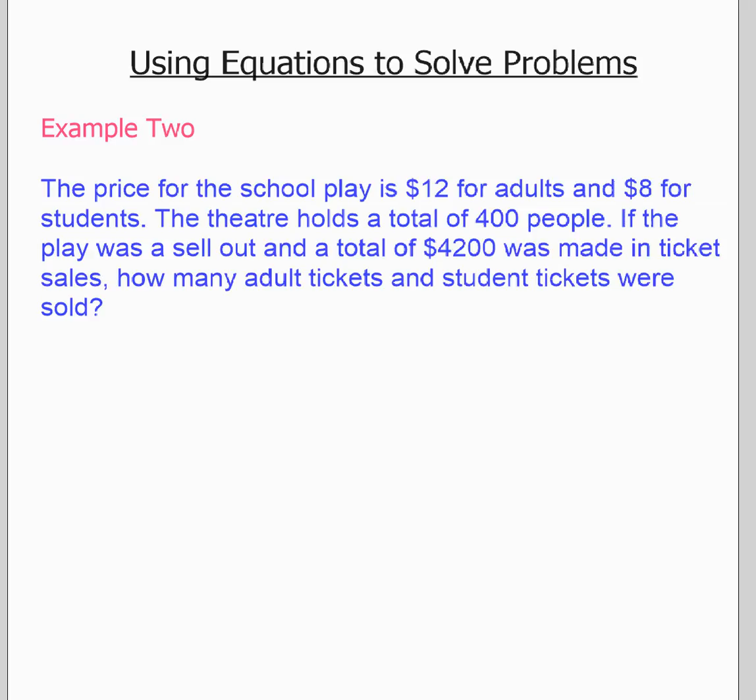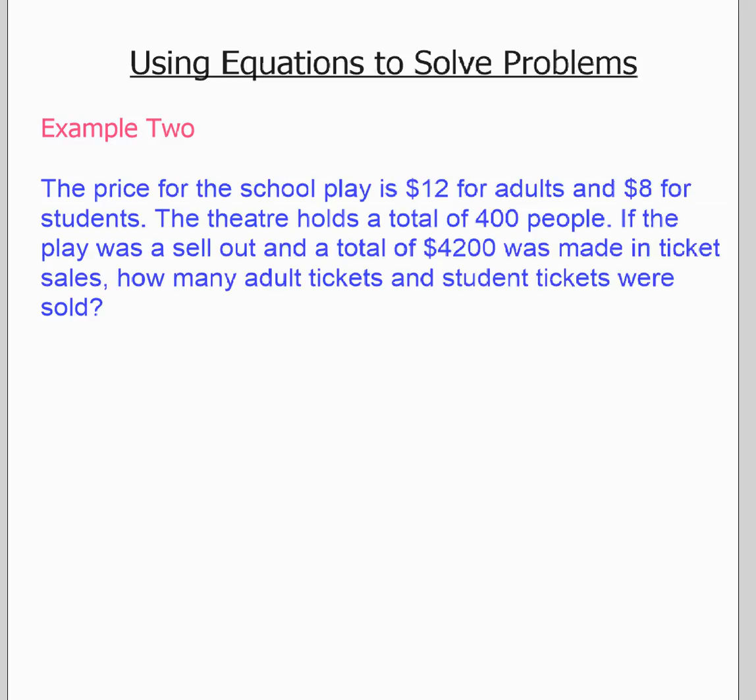So there's a couple things that make this one particularly challenging. The first thing is there's no statement that says there was 3 times as many adult tickets sold as student tickets. So that is a little bit challenging. It's hard to figure out what X will be. So in this case, X can actually be either adults or students. It doesn't matter because there isn't one statement that is written in terms of the other.